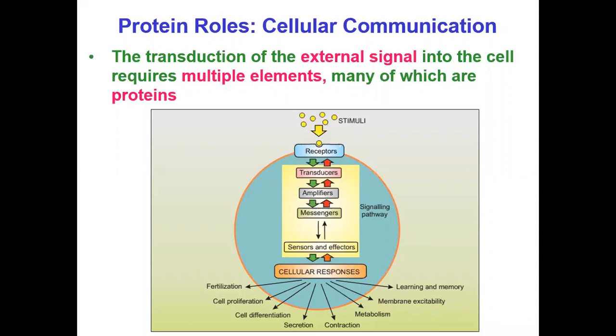And they can even be proteins that go to the nucleus of the cell and bind genes on the DNA and change their expression patterns. So the conveyance of the signal resembles a relay race in which one element activates or inhibits the other, and so on. But in fact, it is more like a cascade, because many of these proteins, once activated, can activate a lot of other proteins.